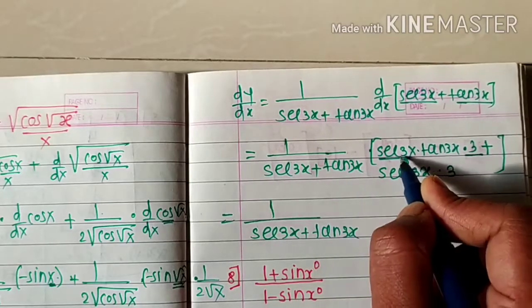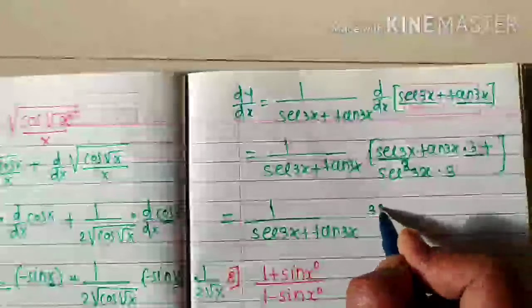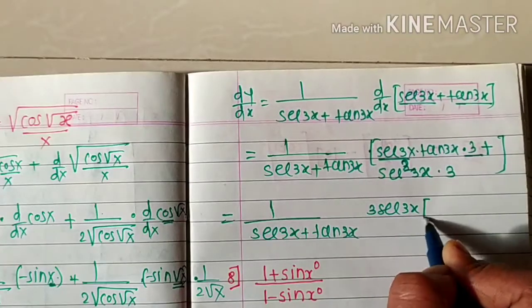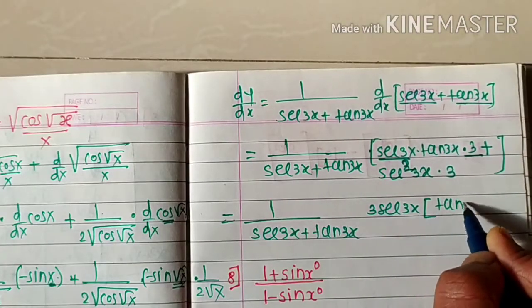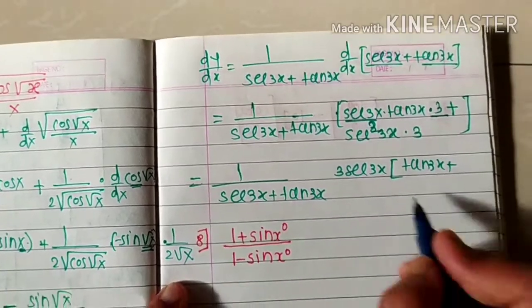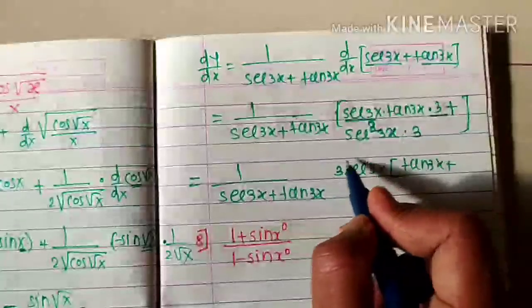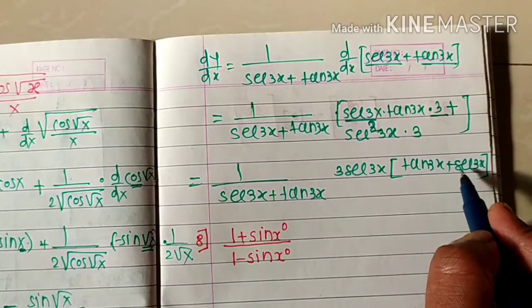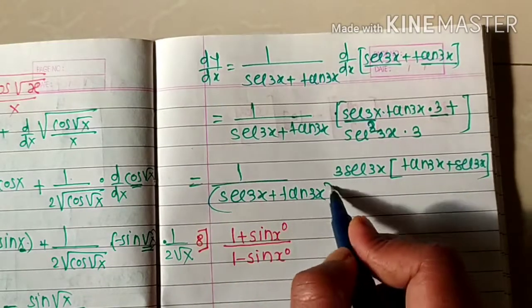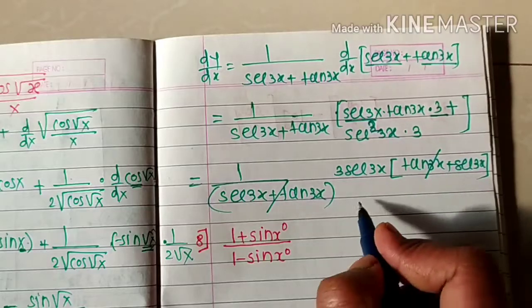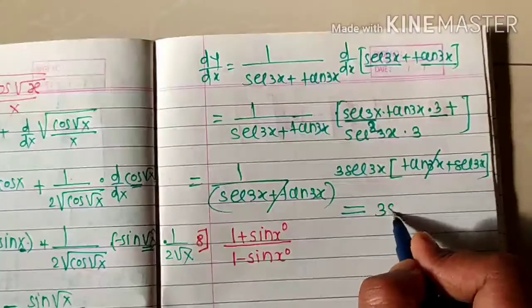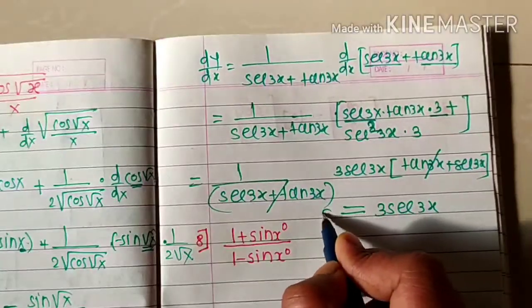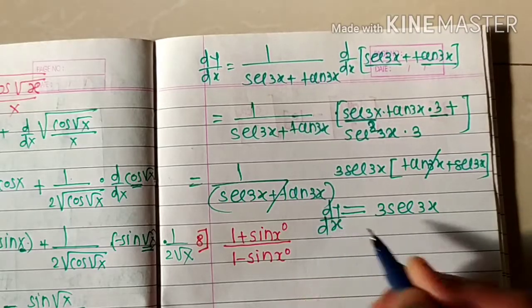From the numerator, 3 times sec 3x we take outside, then here remains tan 3x, and here also remains sec squared. Out of this one, take outside sec 3x, and then if you observe, the sec 3x plus tan 3x is the same thing as this one, so this term and this term get cancelled. The remaining is 3 times sec 3x, which is the value of the derivative dy by dx.